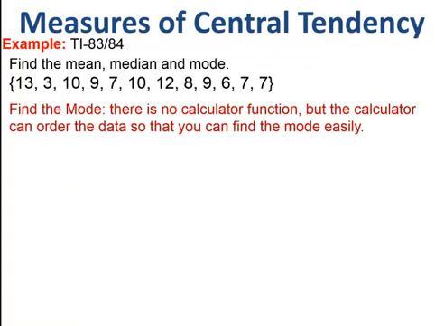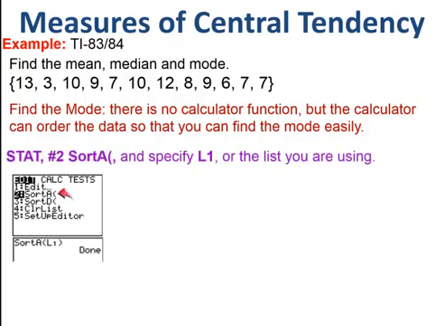When we're talking about finding the mode, sometimes it's just easier to look at the data and pull the mode out. But we could do it in the calculator, but it's not going to simply identify the mode. We're going to have to look back into the list. So if you choose to do it in the calculator, what you would do is you would go to that stat key again, and you would choose number 2 to sort the list.